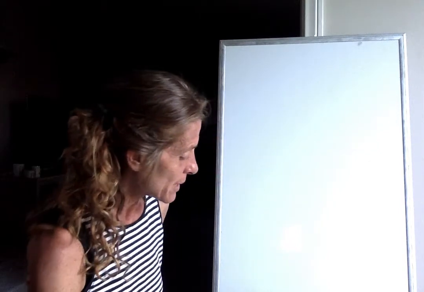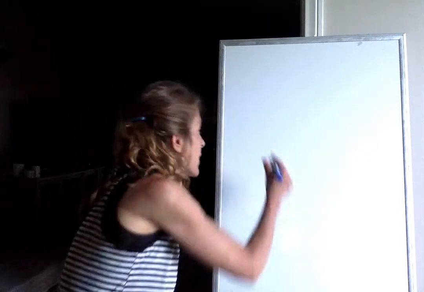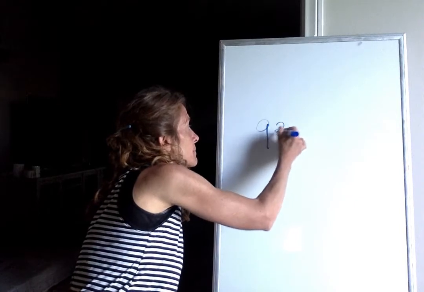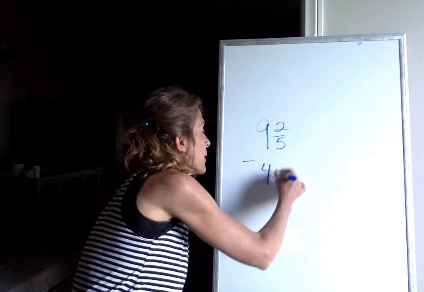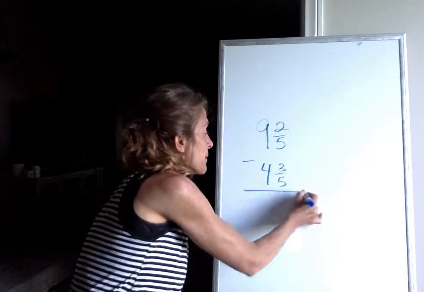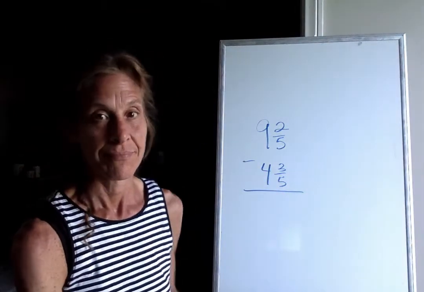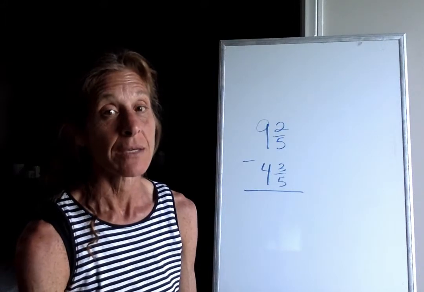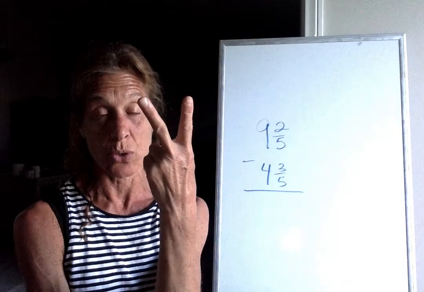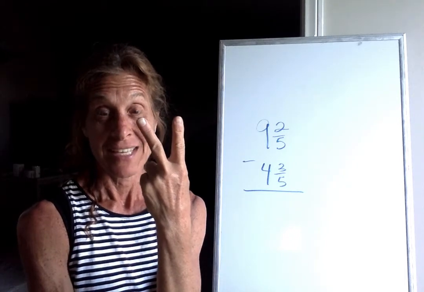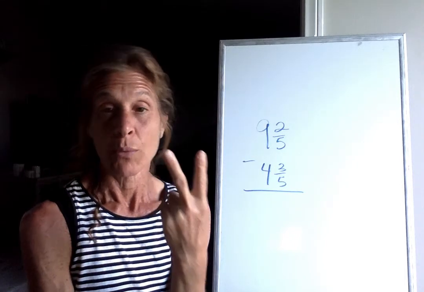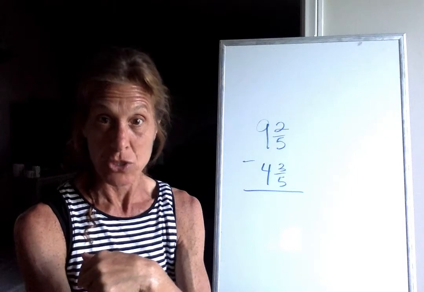Number 12, 9 2/5 minus 4 3/5. If we look at this carefully, we'll know that 2, you cannot take 3 away. True? So we're going to borrow from the whole number next door.